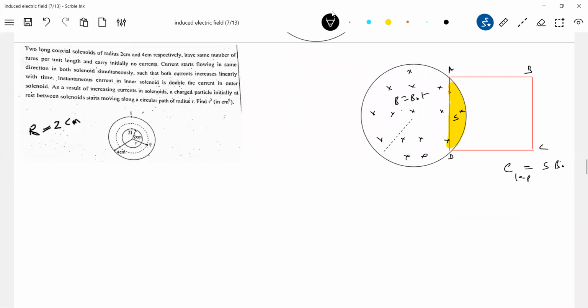Current starts flowing in the same direction in both solenoids simultaneously so that both currents increase linearly with time. They don't show a coil like this. It's just understood. Two solenoids, solenoid 1, solenoid 2.